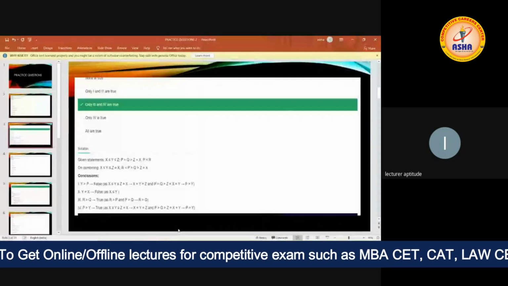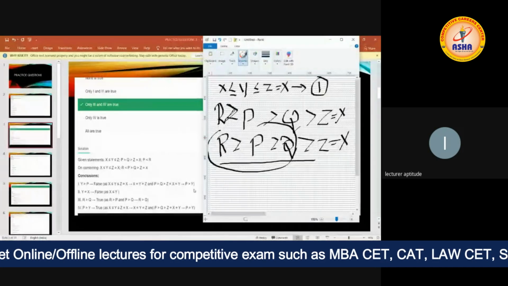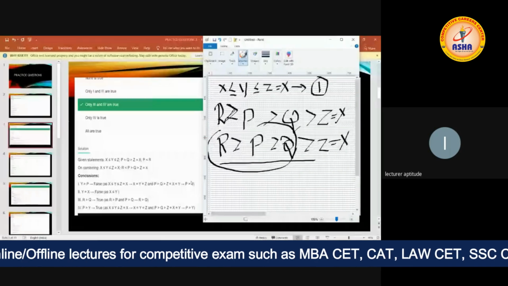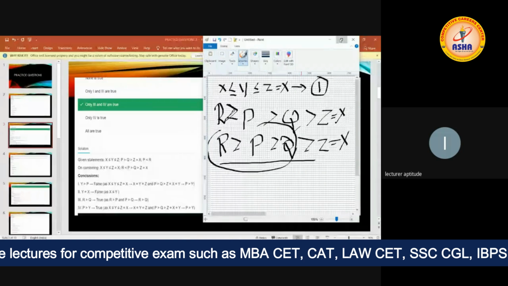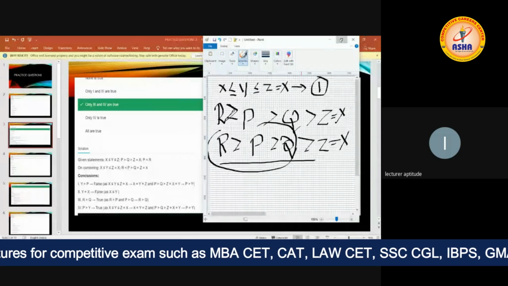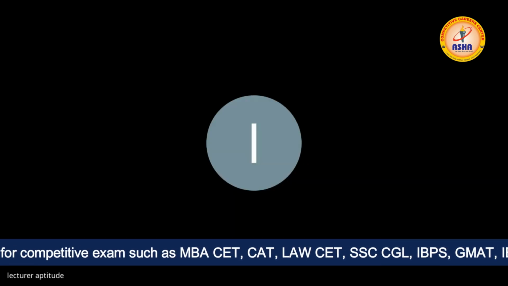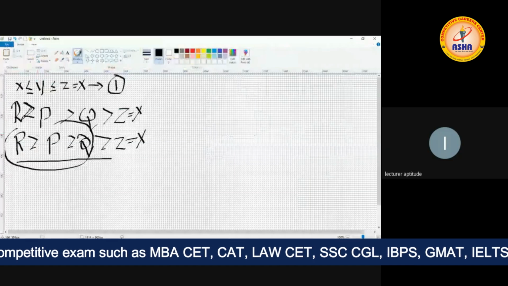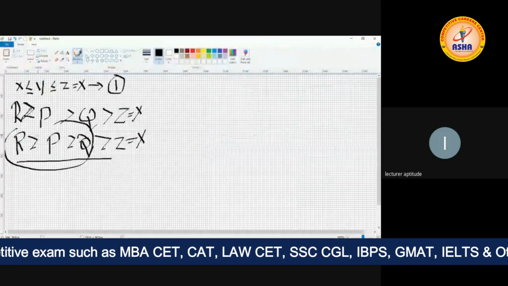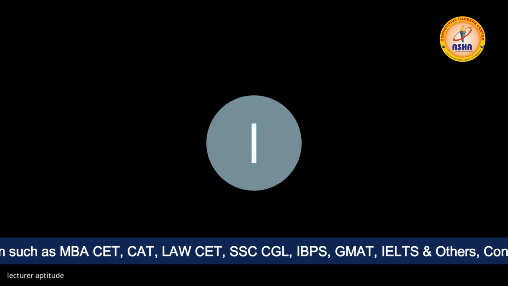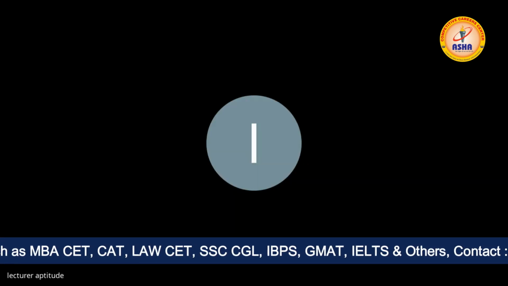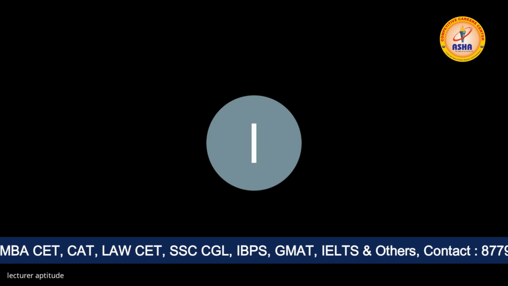There is a problem with the solution part. Please take a look into this. In the solution given in the PPT, R greater than Q is right, but after combining there is a mistake. So please look here. The first statement is given and this is the second statement.